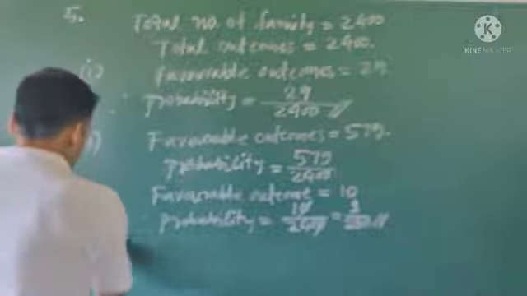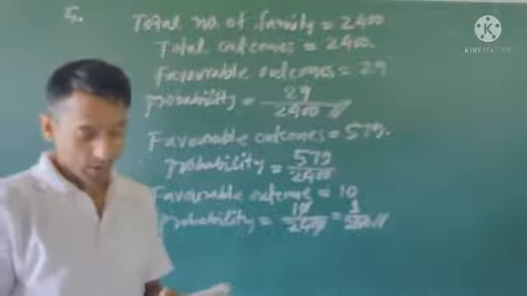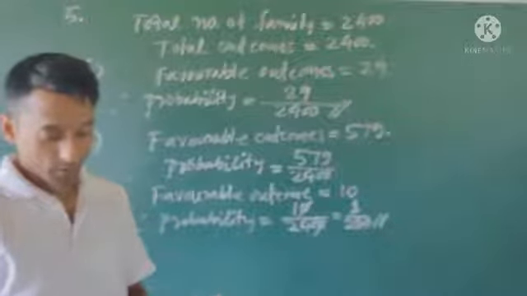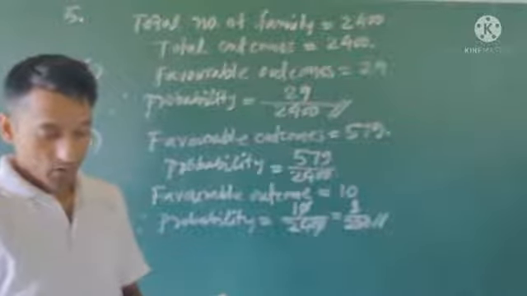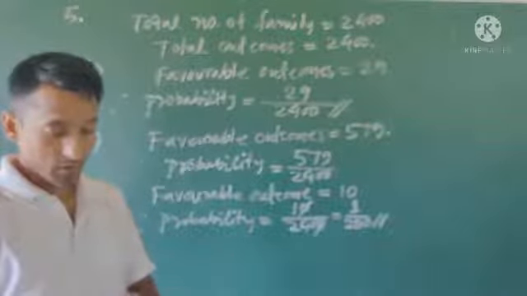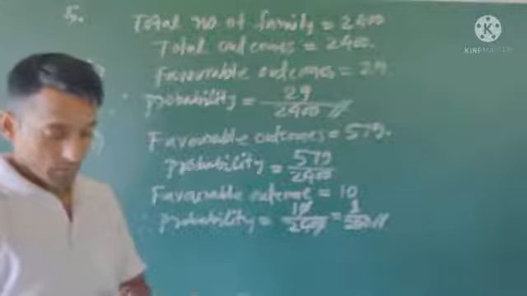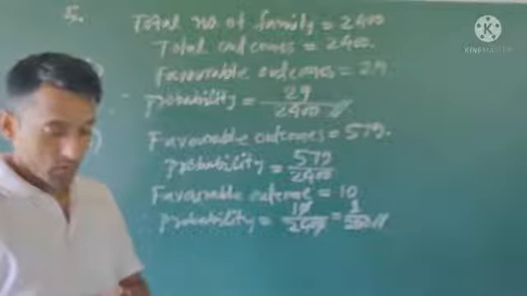Next one, number 4: earning 13,000 to 16,000 per month and owning more than 2 vehicles. You see, above 2.